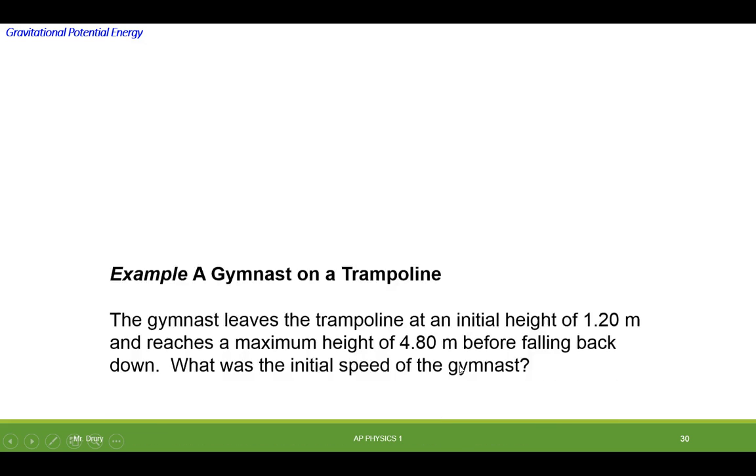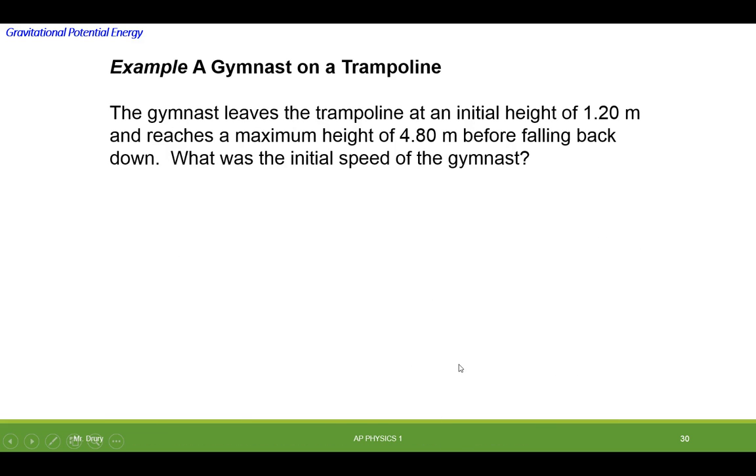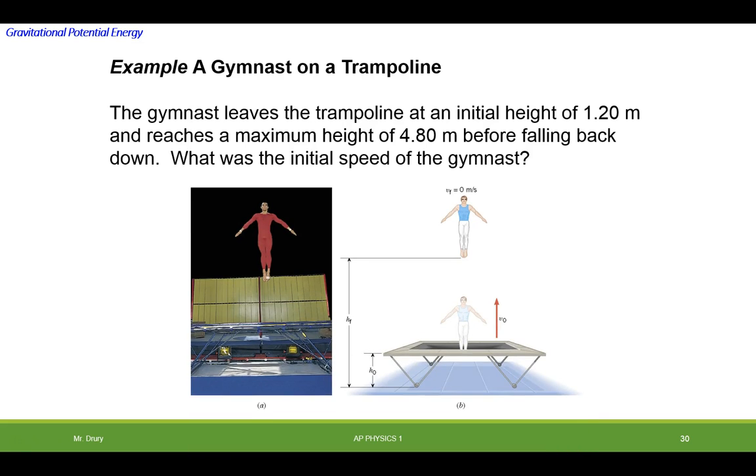All right. So let's try a problem with this. A gymnast leaves the trampoline at an initial height of 1.2 meters and reaches a maximum height of 4.8 meters before falling back down. What was the initial speed of the gymnast? All right, when we're done with this problem, I want to change the reference point. For example, how high did this person actually rise?